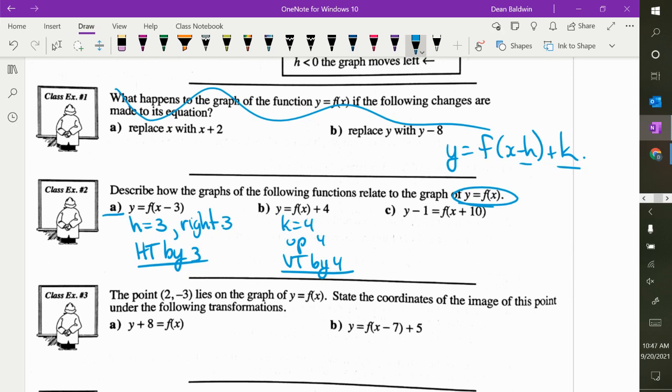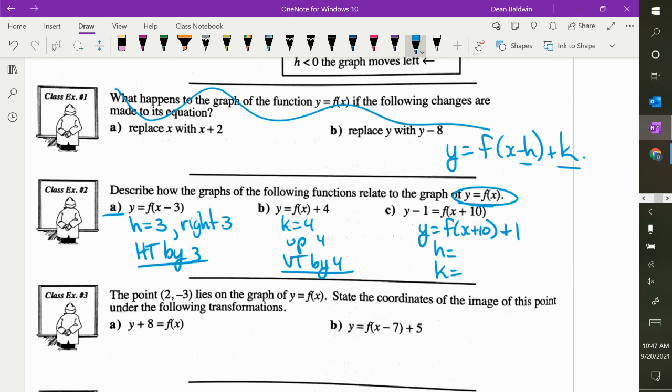What's wrong with c? Yeah. So you have to move that 1 over by adding it. You don't add it to the 10. Those little bracket things protect it. Okay? So that's an h value, sorry. So this becomes f of x plus 10 plus 1. So we've done 2 things. What's my h?